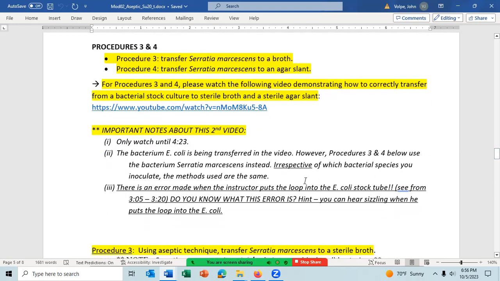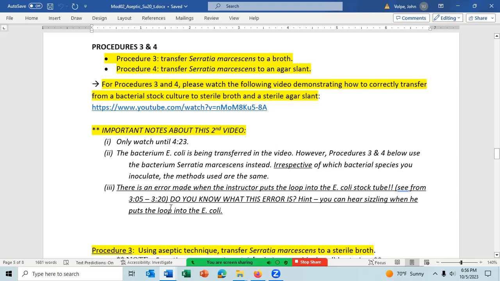The bacterium being transferred in the video is E. coli, and we're going to use Serratia marcescens, which is a pigmented bacteria. So E. coli is non-pigmented, Serratia marcescens is pigmented, and that will allow you to answer the questions a little more easily.